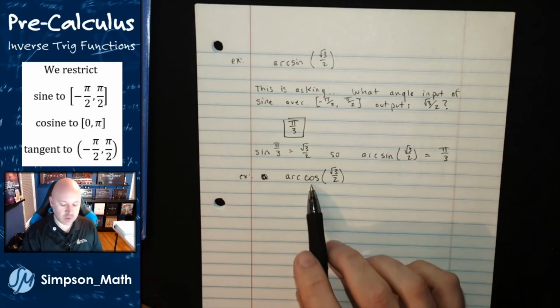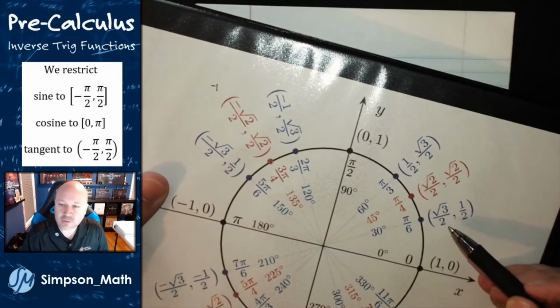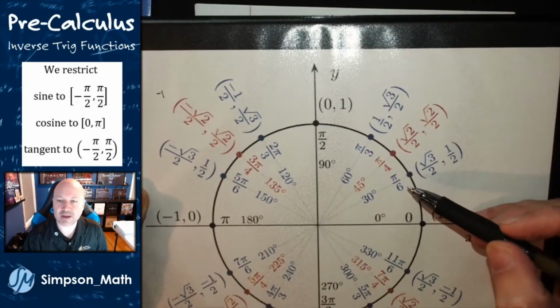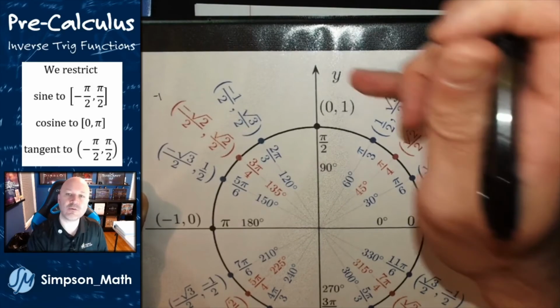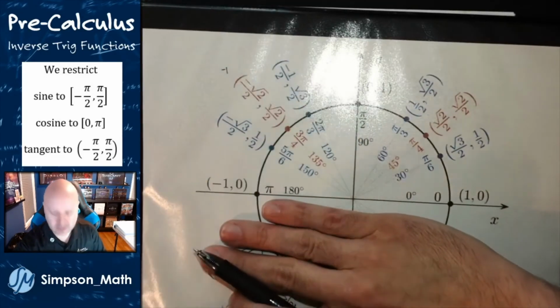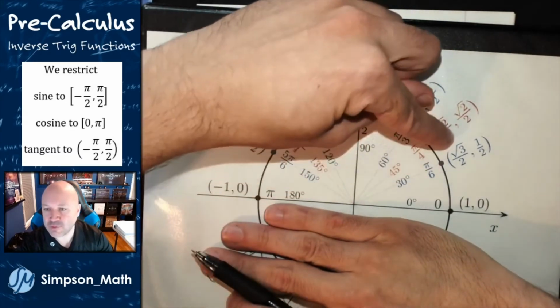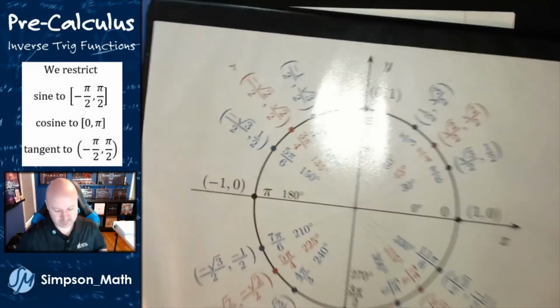Well, cosine is a half at pi/3, so this must be pi/6. Cosine is root 3 over 2 at pi/6, and that is in the interval 0 to pi, a different interval. Arccosine is now looking from 0 up to pi. But that's nice and pretty at pi/6.